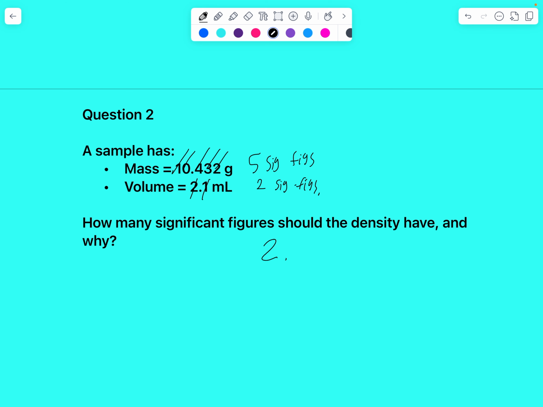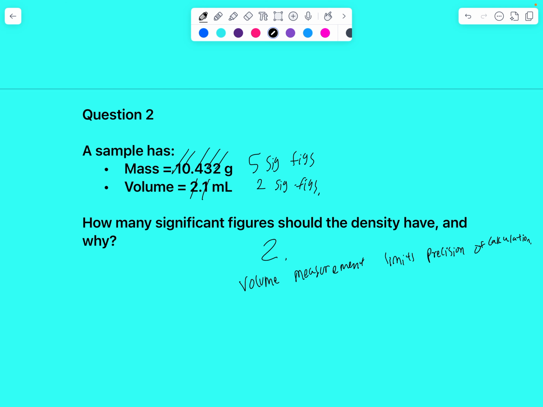And again, the volume measurement is going to limit the precision of the calculation. Easy and simple as that. All right, let's try question 3 next.